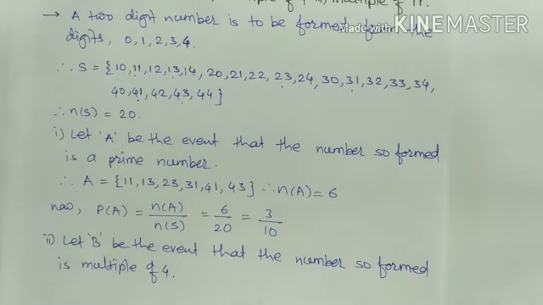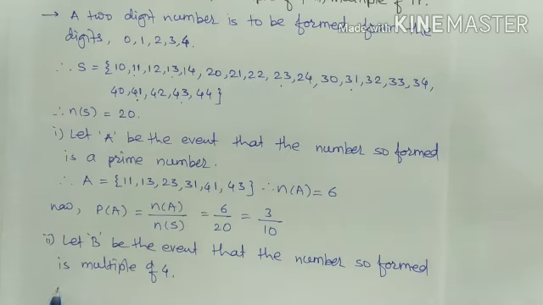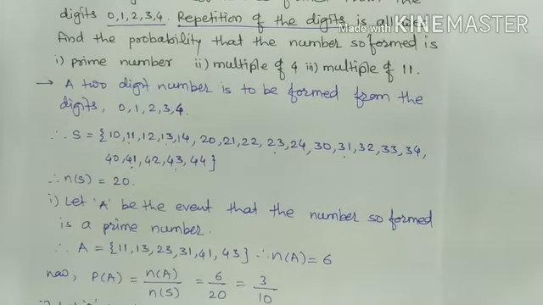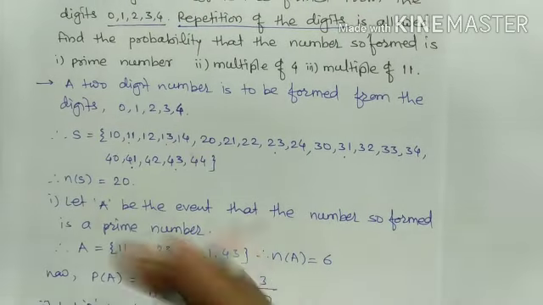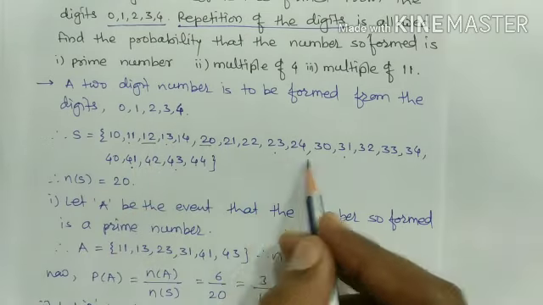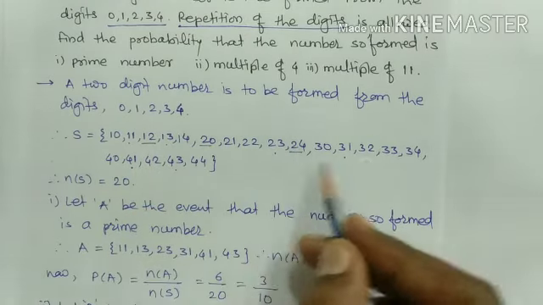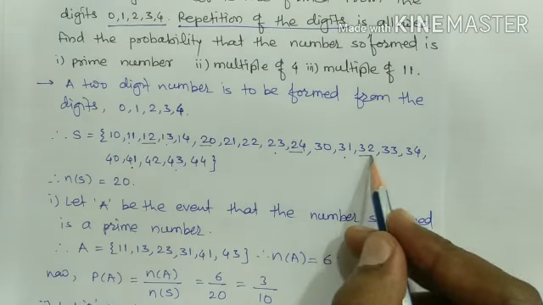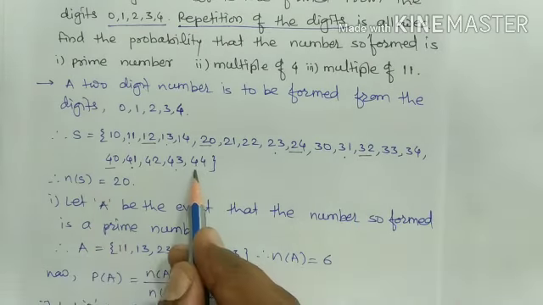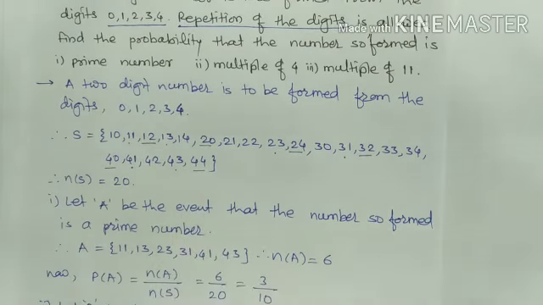Therefore, in this event B, which numbers are multiples of 4? Here we have 12, this one, this 12, then 20, 24, then 32. We are searching for numbers that are multiples of 4: 40 and 44. Here we write these.